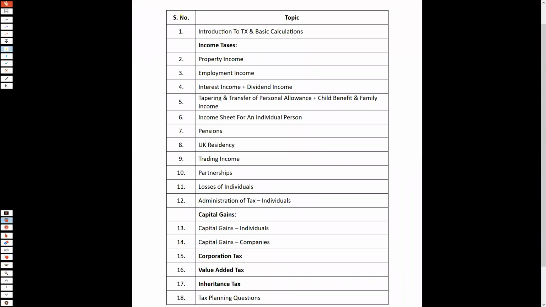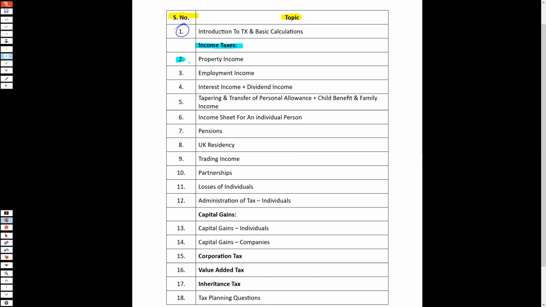Here is a sequence of the topics and the chapters which we are going to cover in this taxation course. Currently, we are discussing Introduction to Tax and Basic Calculations, and about basic calculations we are going to discuss after a few minutes after the discussion of this index. Thereafter, we'll be starting the area of income taxes.